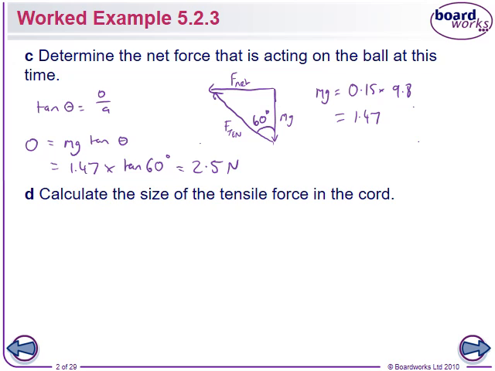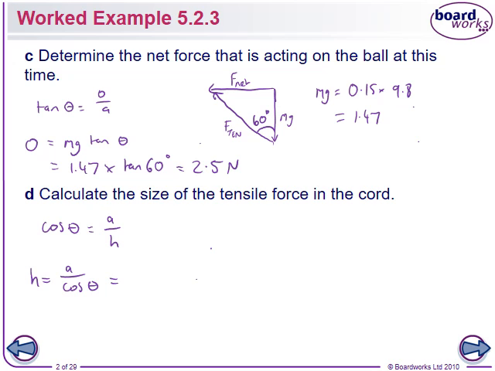And then we want the size of the tension in the cord. We can use our trig again. So again, from earlier, we've got mg. So we've got the adjacent, we want the hypotenuse. So cos theta is A on H. We want the hypotenuse, so H is going to be equal to A over cos theta.